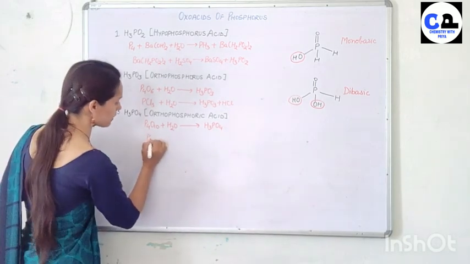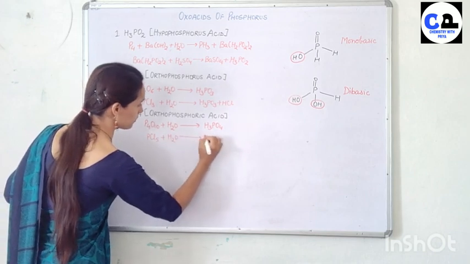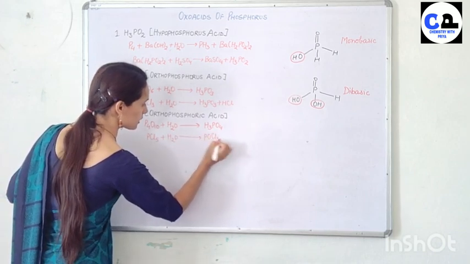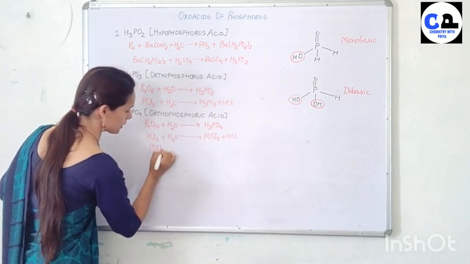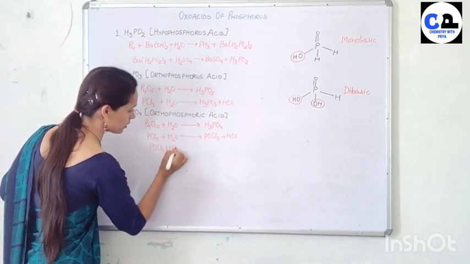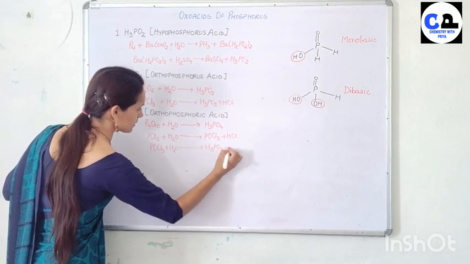In the second, PCl5 reacts with water to form POCl3 plus HCl, and then this POCl3 reacts with water to form H3PO4 plus HCl.